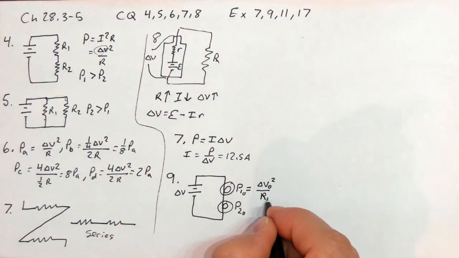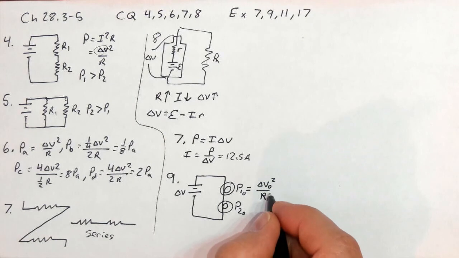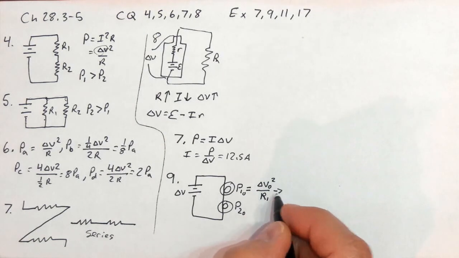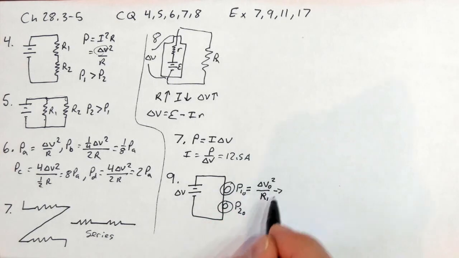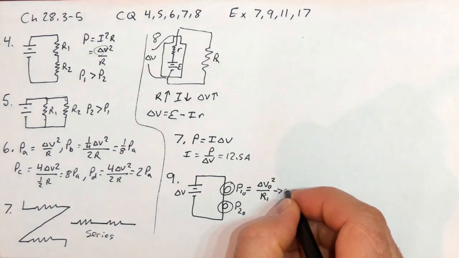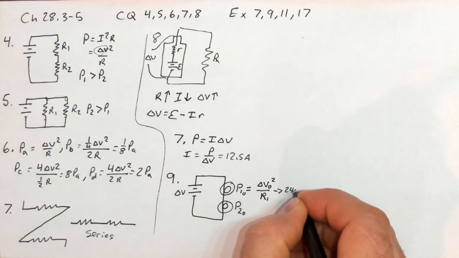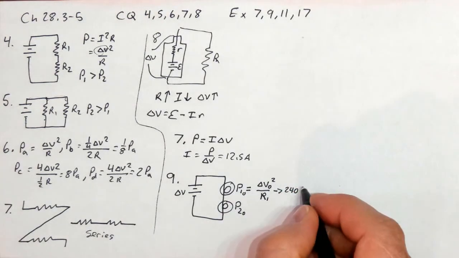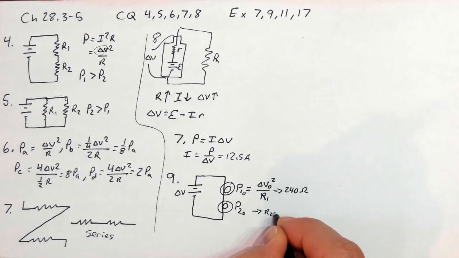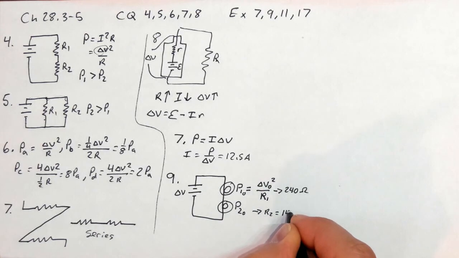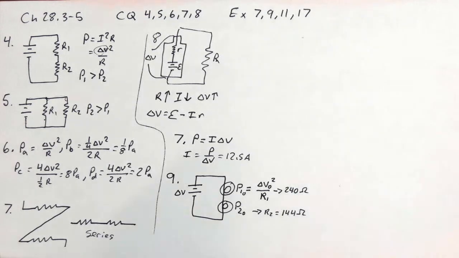So this will be R1, which we can find by solving for it. With 60 watts and an assumed 120 volts, R1 ends up being 240 ohms. And R2 is equal to 144 ohms by the same process.